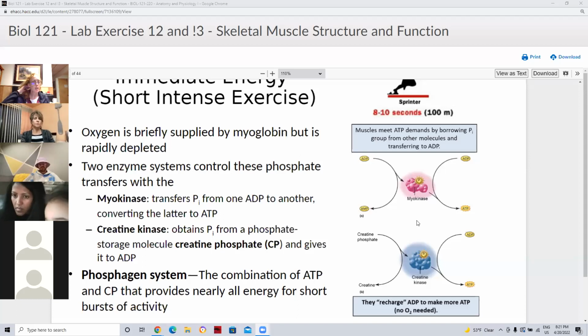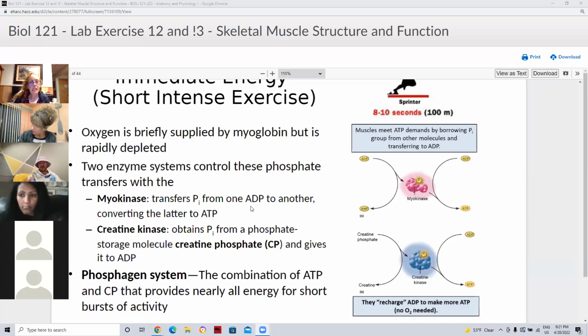So myokinase is going to transfer a phosphate group from one ADP to another one. Remember, what does ADP mean? Adenosine diphosphate. And what does that mean? It means 2 phosphates. What's the difference between that one and adenosine triphosphate, Justin? 1 phosphate.